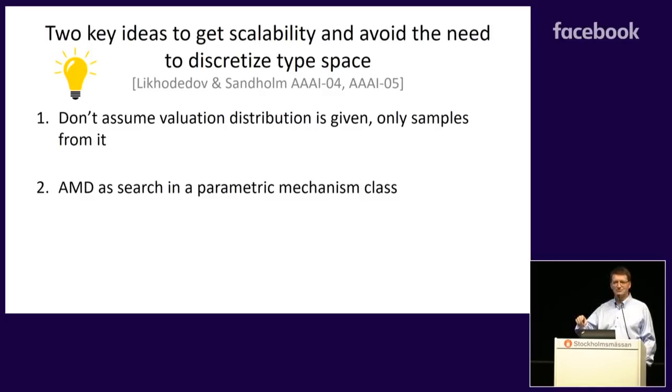All right? And now I can have more complex classes with lots of parameters or simpler classes with fewer parameters. So I can control my computational complexity, and as we also will talk about, we can control the sample complexity of these things.